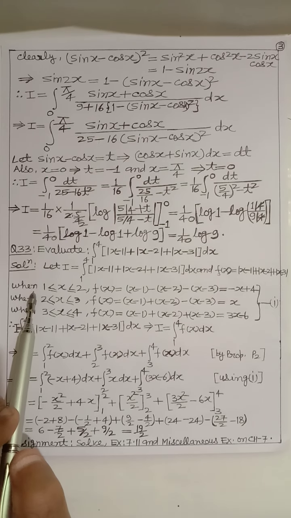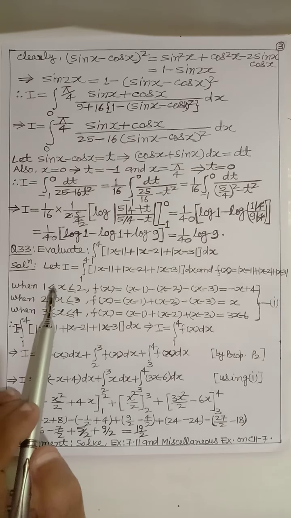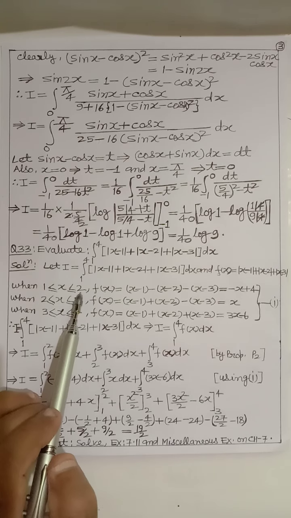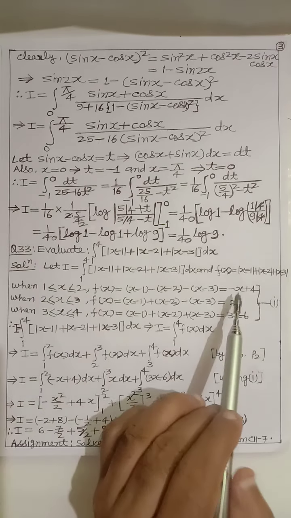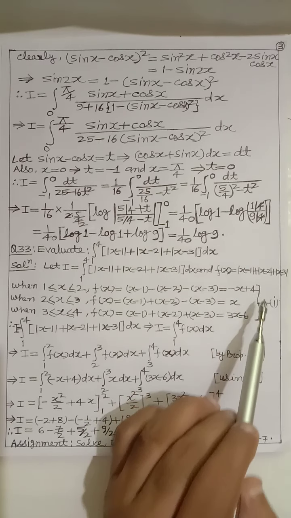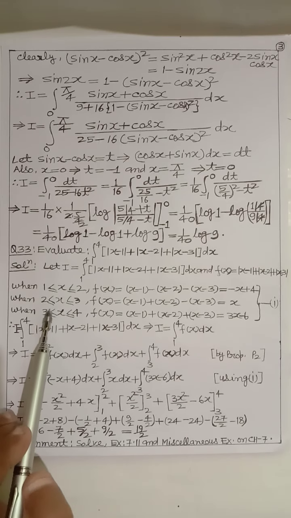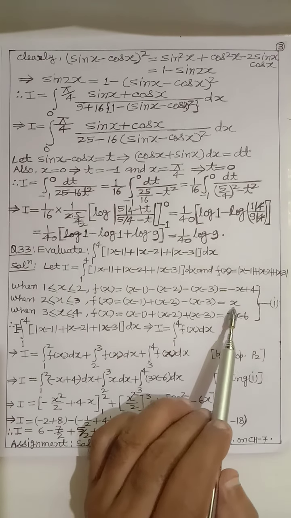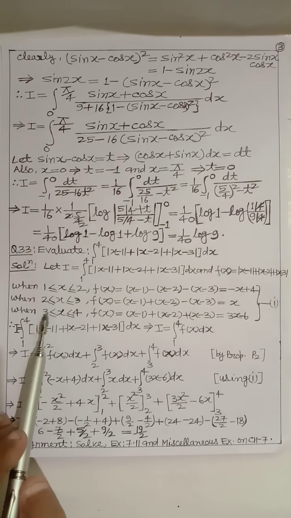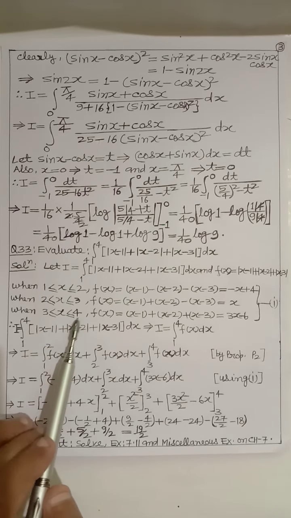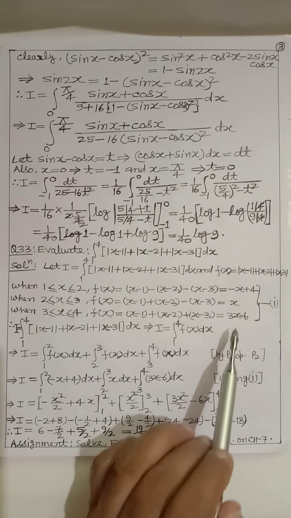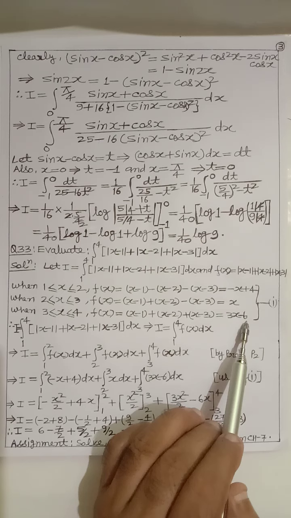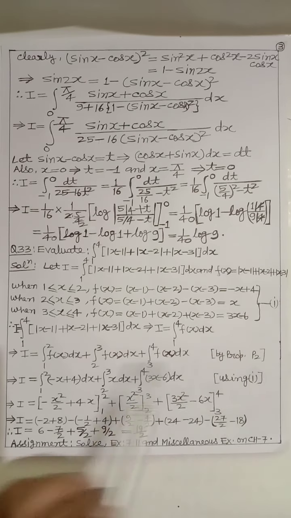When 1 is less than or equal to x less than or equal to 2, f(x) is equal to minus x plus 4. When 2 is less than or equal to x less than or equal to 3, f(x) is equal to x. When 3 is less than or equal to x less than or equal to 4, f(x) is equal to 3x minus 6. This is taken as 1.